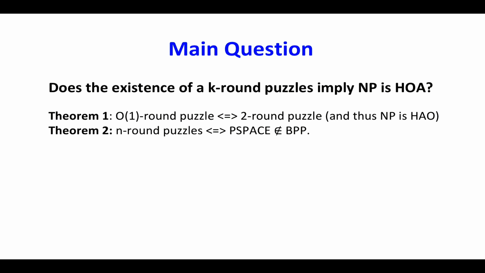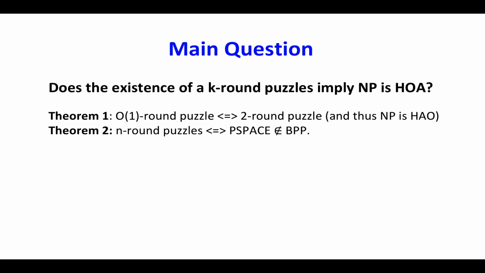So despite the fact that those results break down, what we show is indeed that the existence of a constant round puzzle turns out to be equivalent to the existence of a hard on average language in NP. So constant round puzzles actually don't generalize beyond NP. But if you go to more rounds, if you go to n-round puzzles, then it does.